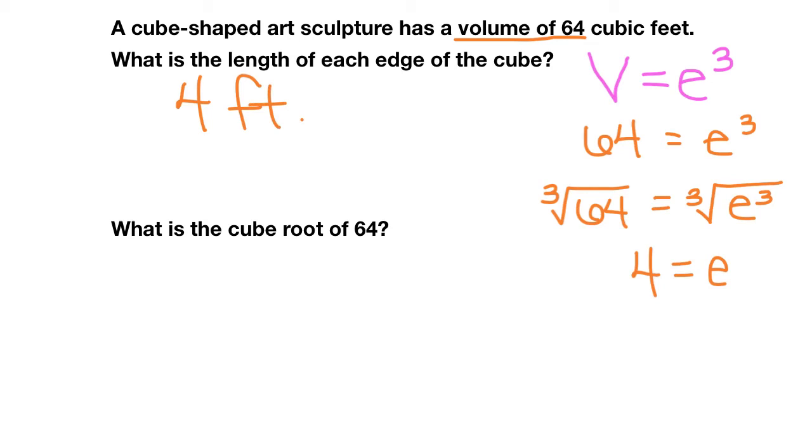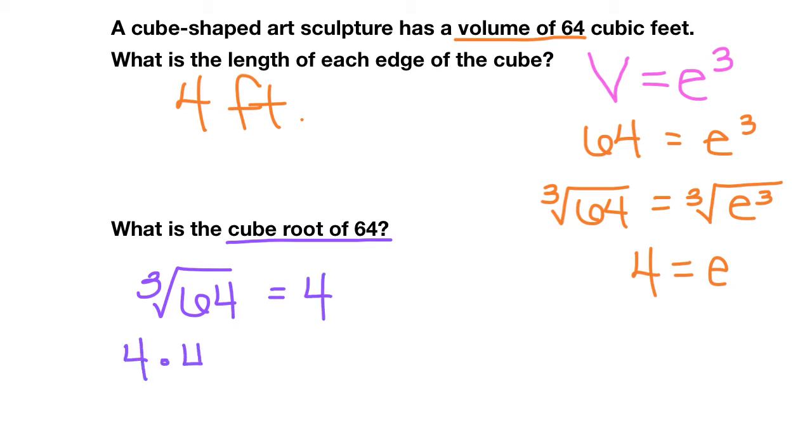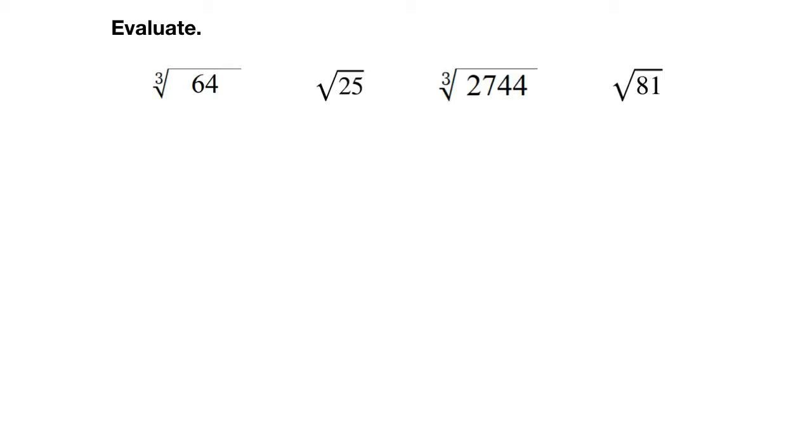The question underneath it: what is the cube root of 64? The cube root of 64 equals 4. Why? Because 4 times 4 times 4, or 4 to the third power, is equal to 64. We're going to evaluate these.